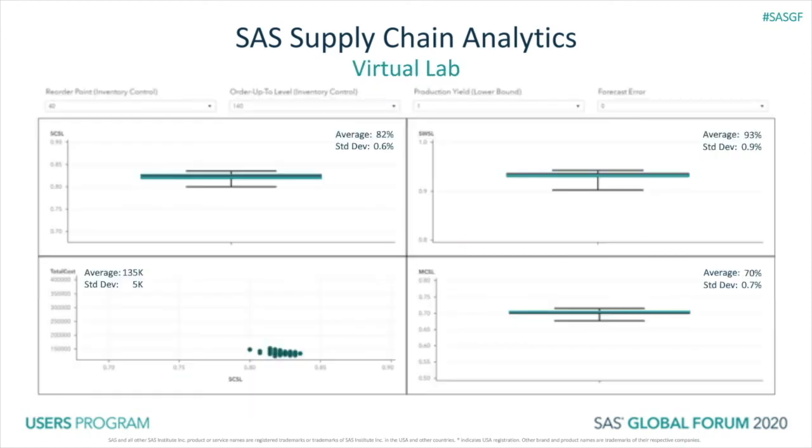And here is an example where we look at supply chain service levels, supply warehouse service levels, mixing center service levels, and we also quantify the average and standard deviation of the total cost. And this is where we have an example of 40 reorder points, 106 order up to levels.